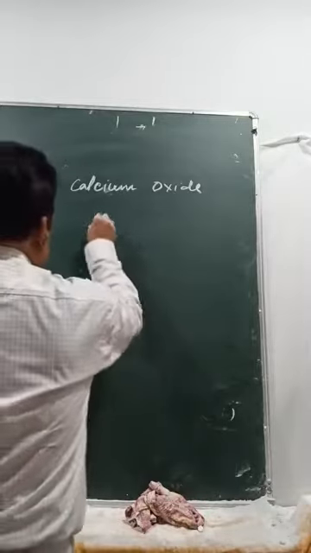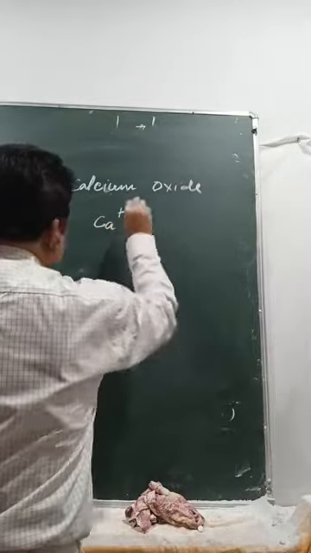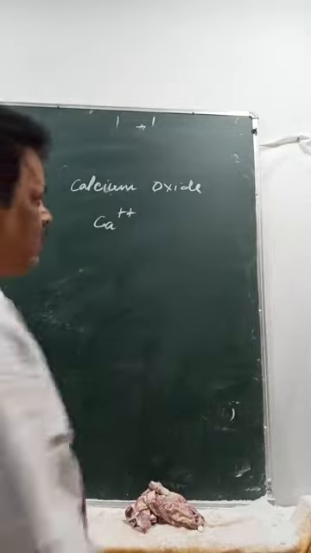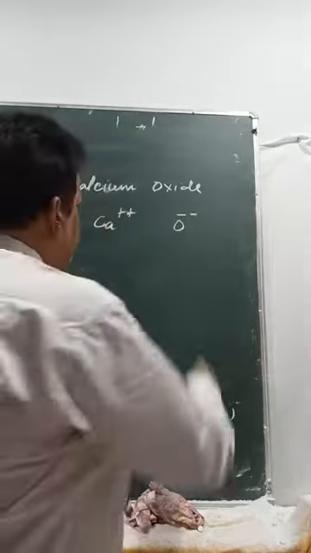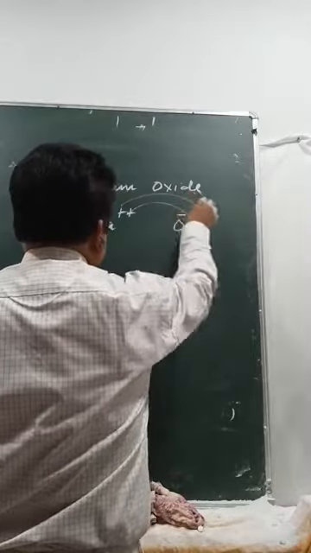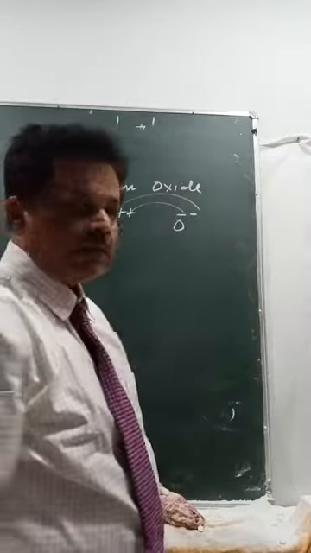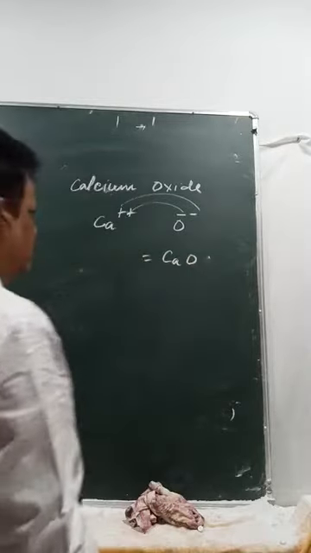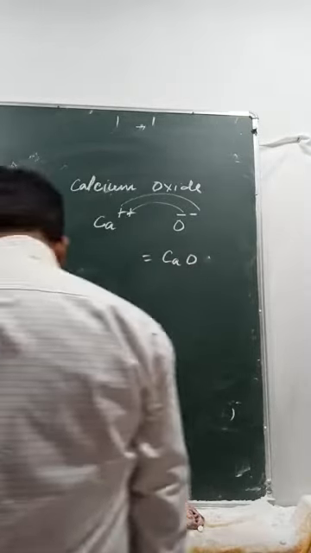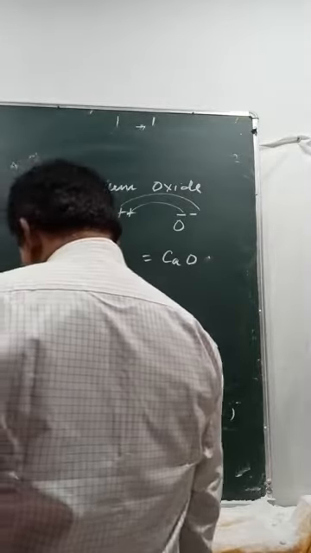Suppose Ca, it has 2 electrons to be donated. Oxide, it has the capacity to receive 2. That means 1 for this, 1 for this. So it is neutralized. So it becomes CaO, calcium oxide. Suppose you want to write aluminium oxide.